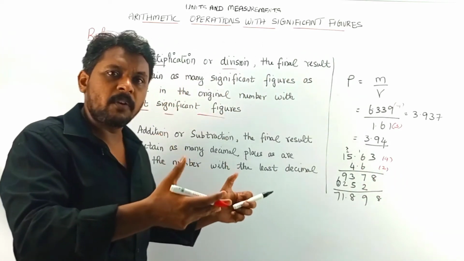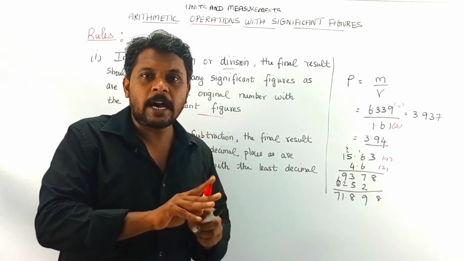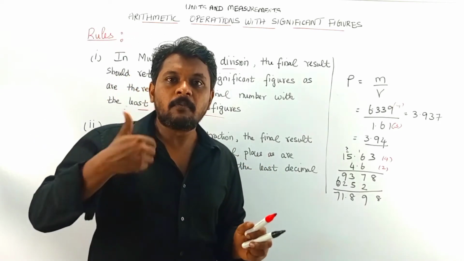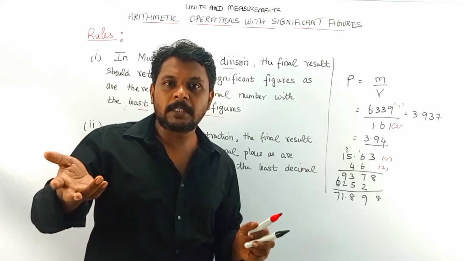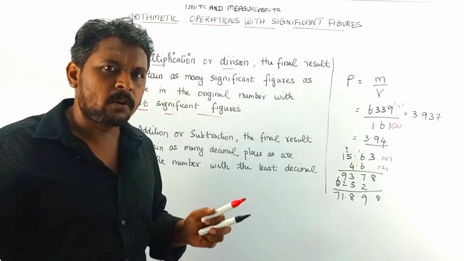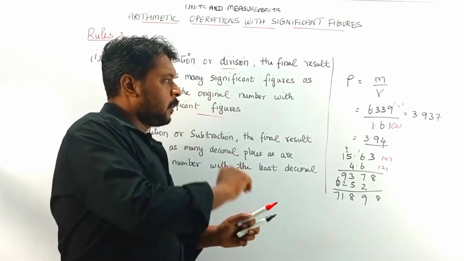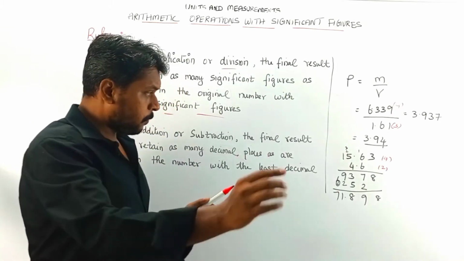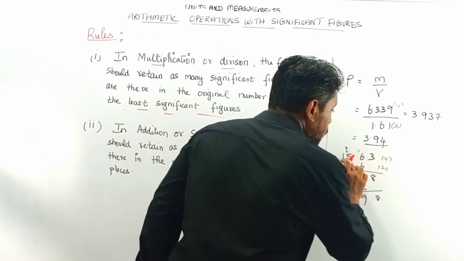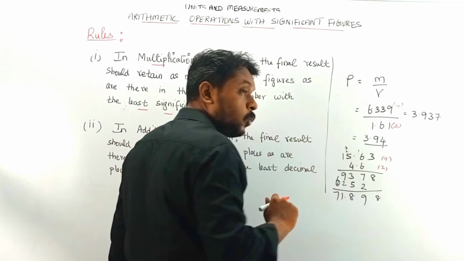If you don't know about significant figures and rounding off, I will put the video on significant figures and rounding off methods in the description box. Kindly have a look at it and then come to this video. So here I have 4 significant figures and here 2 significant figures.